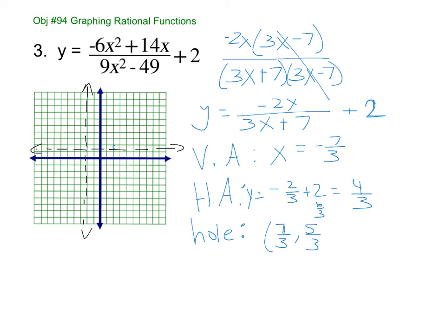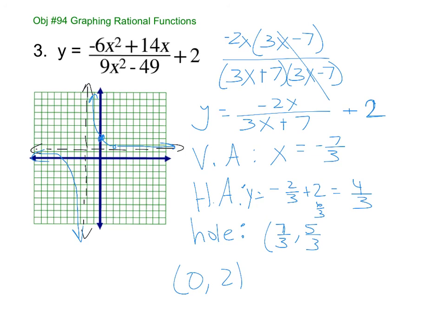My hole's around there. All right, I'm going to be lazy. I don't want to plug numbers into this. If I plug in 0, 0, 2. Those are my points on this side. I don't feel like it, guys. That's our graph. Sorry, my left side's ugly because I didn't feel like picking points.